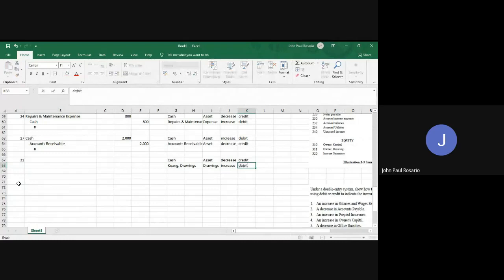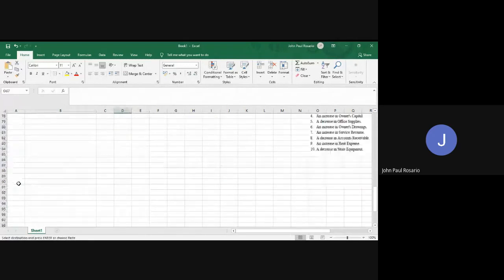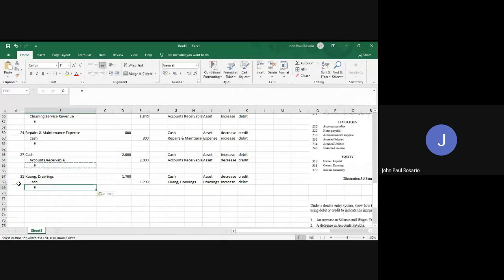So debit ta ang drawings amounting to how much was that? 1,700. And then cash, 1,700. Another explanation, to record withdrawal of cash by the owner. Okay?